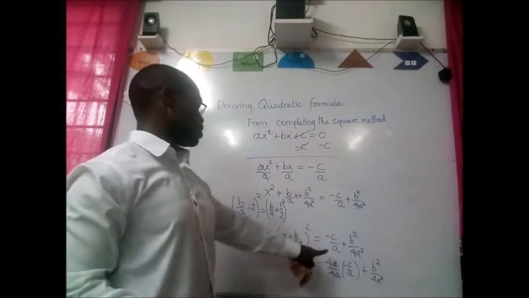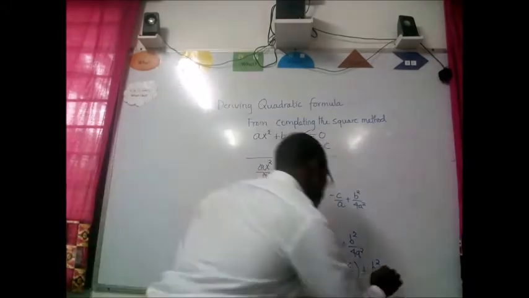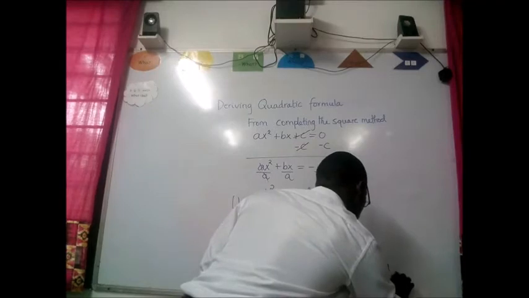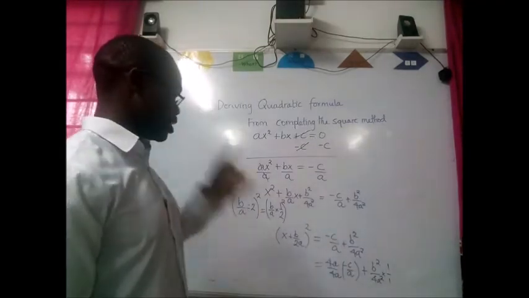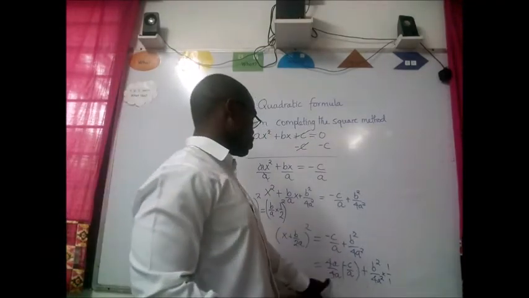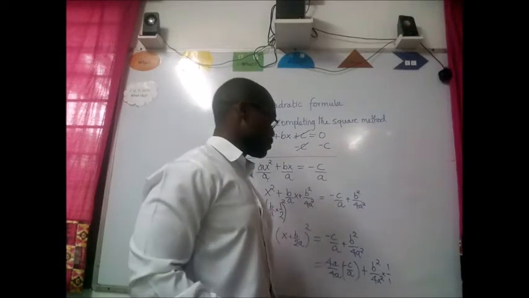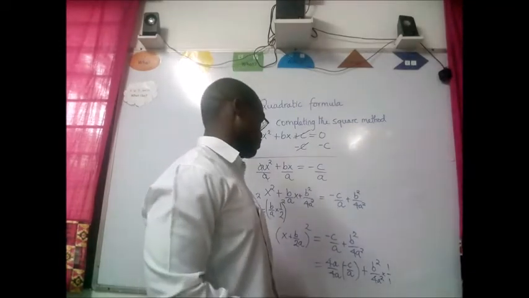So remember, here the coefficient was 1, so it's like saying 1 times 1 over 1, like this. Here we take what to multiply by this, you're going to get 4a squared is 4a.